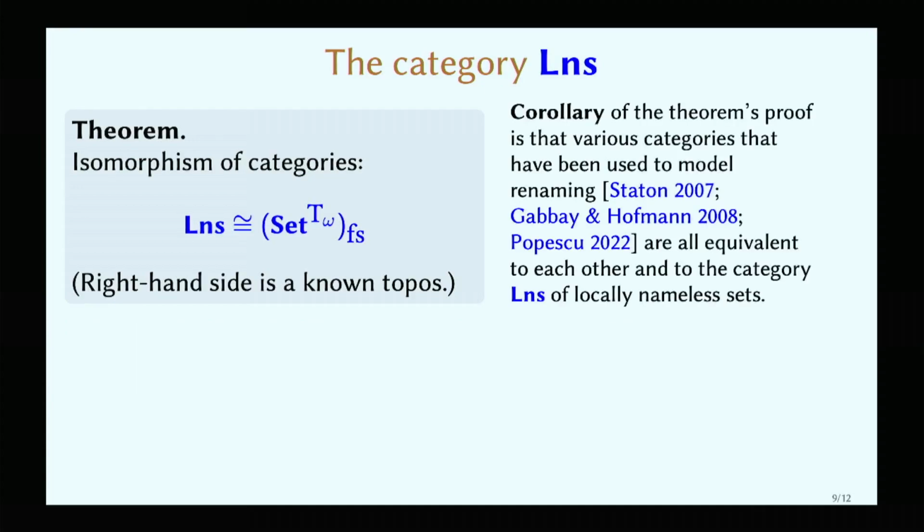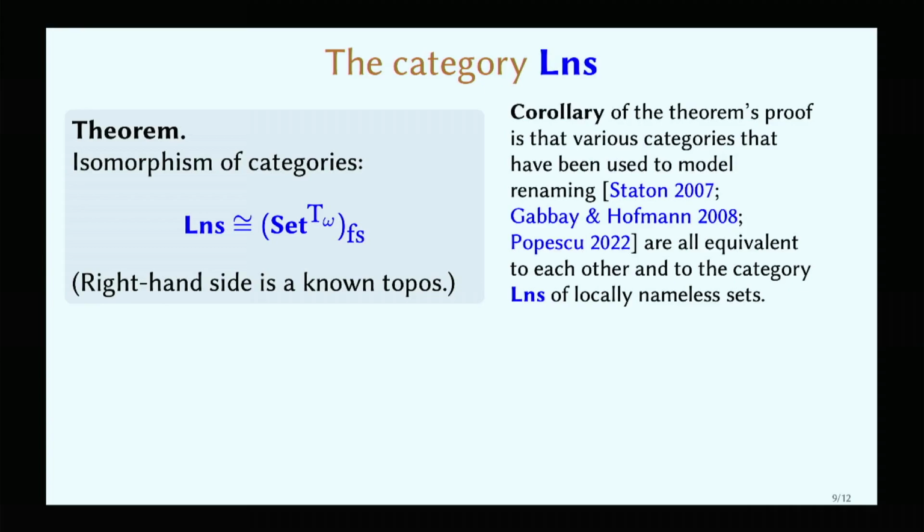What I do want to say is that as a corollary of the proof, one sees that various other categories that people have used to model variable-to-variable renaming in the context of the metatheory of languages. Sam Staton in his thesis in 2007 had a particular category, and then Jamie Gabbay and the late lamented Martin Hofmann had one in 2008, which was actually equivalent to his.